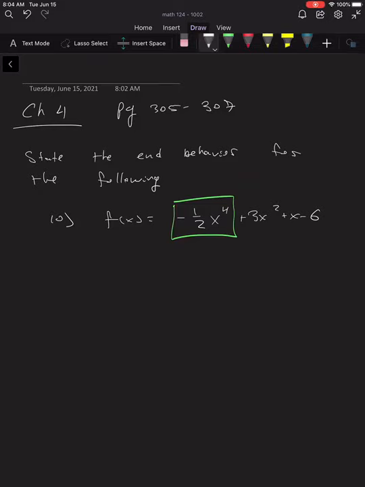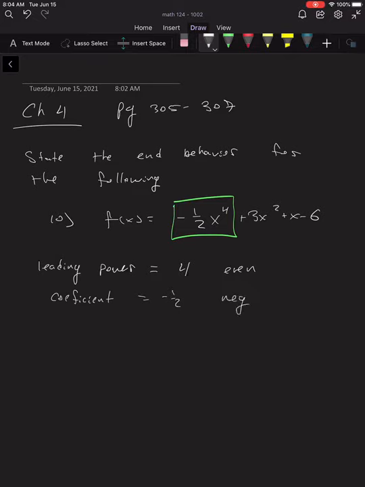And so our power is even, and the number in front is negative. So if you go back to the chart, our leading power equals 4, which is even, and the coefficient is minus 1/2, which is negative.